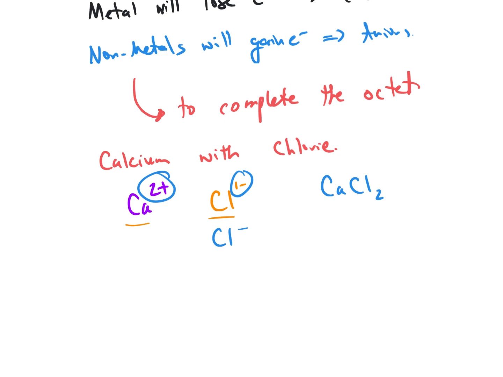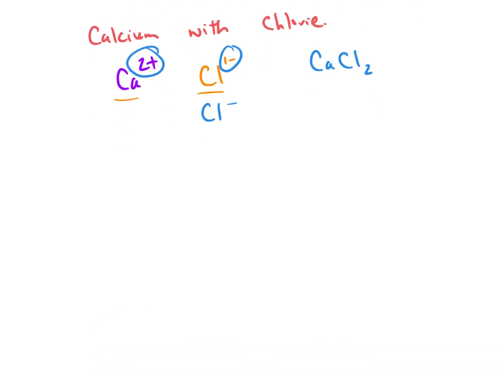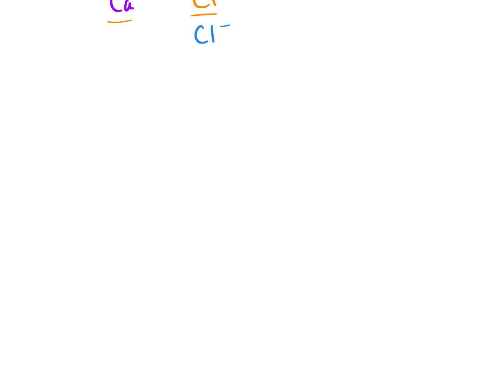In one breath, you have trillions of molecules, right? Same thing. Atoms are so small, you have trillions of them. So if you have one, you have more than one to work with. So let's show you how to write chemical formulas for ionic compounds.